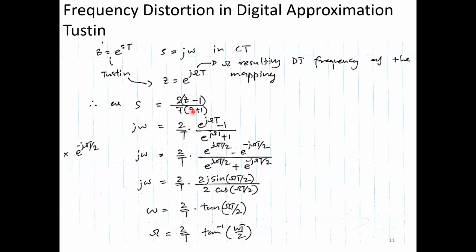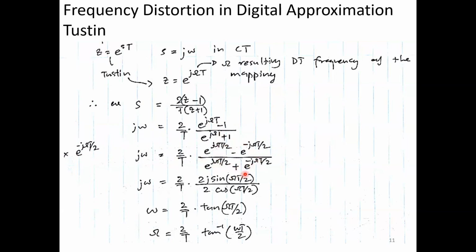And we multiply numerator and denominator both with e to the minus j omega t by 2 this time. Because of this negative, it will be plus j omega t by 2 minus, and this one will be e to the j capital omega t by 2 in the numerator, and the denominator will change like that.